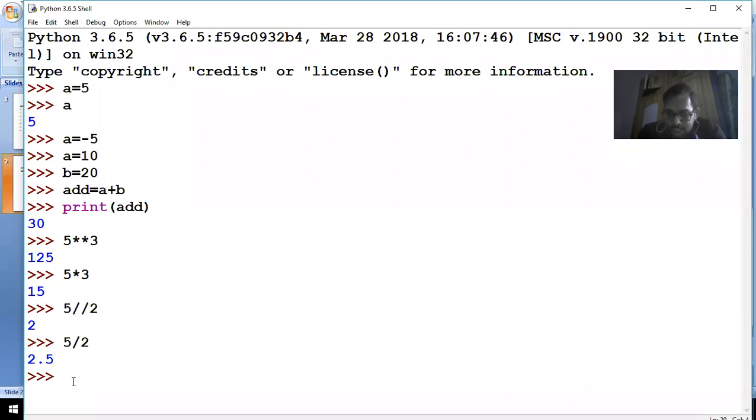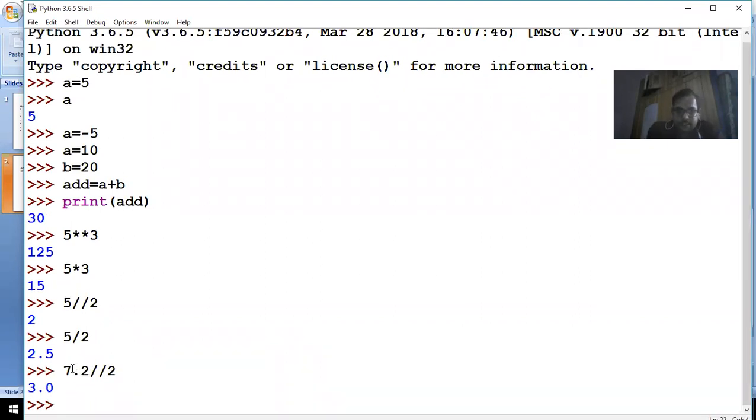Suppose you have a number in float and you want to divide it, it will neglect the decimal part. 7.0 floor division by 2, result is 3.0.